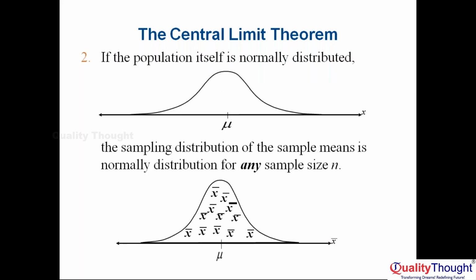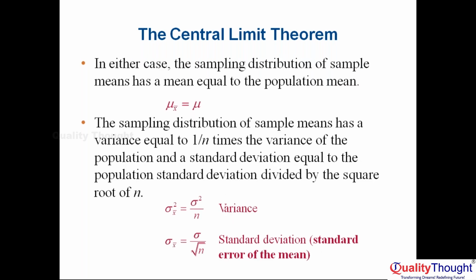If the population itself is normally distributed, the sampling distribution of the sample means is normally distributed anyhow. That is for sure. In either case, the sampling distribution of the sample means has a mean equal to the population mean, whereas the standard deviation will be a little bit different: sigma divided by root n.